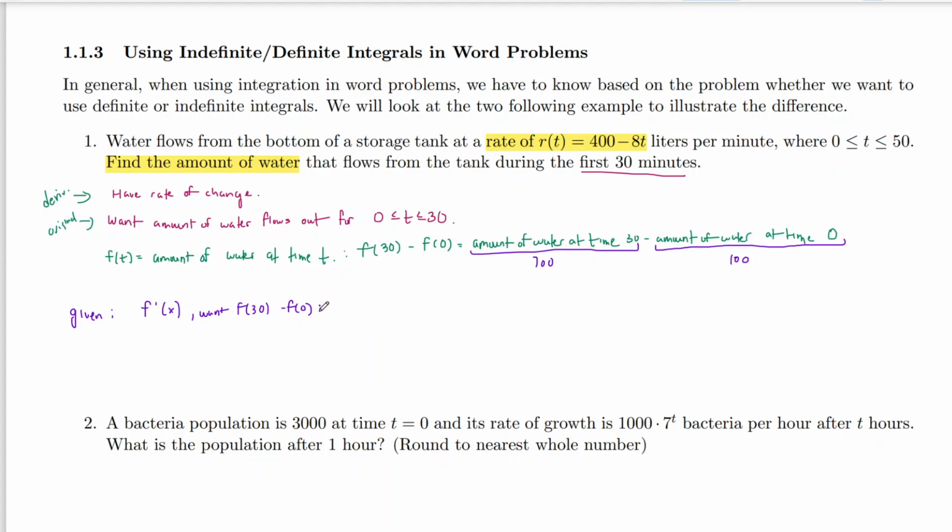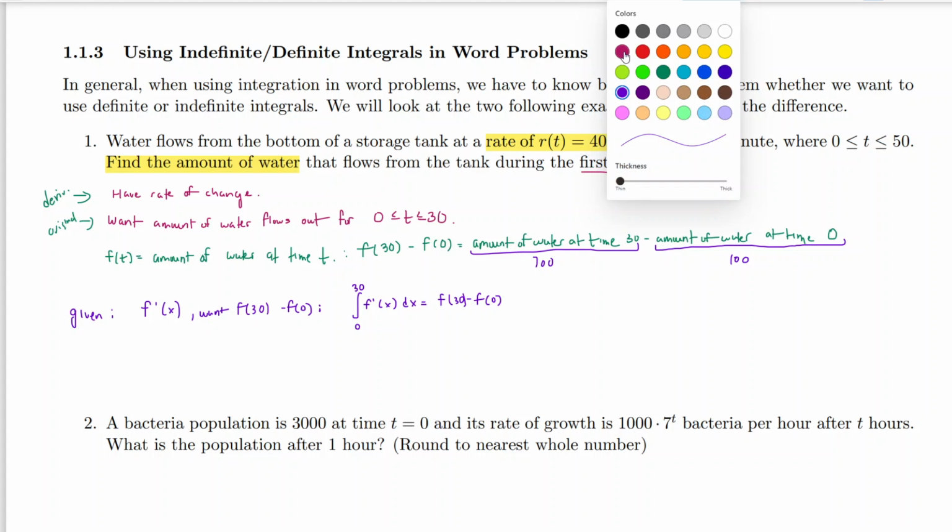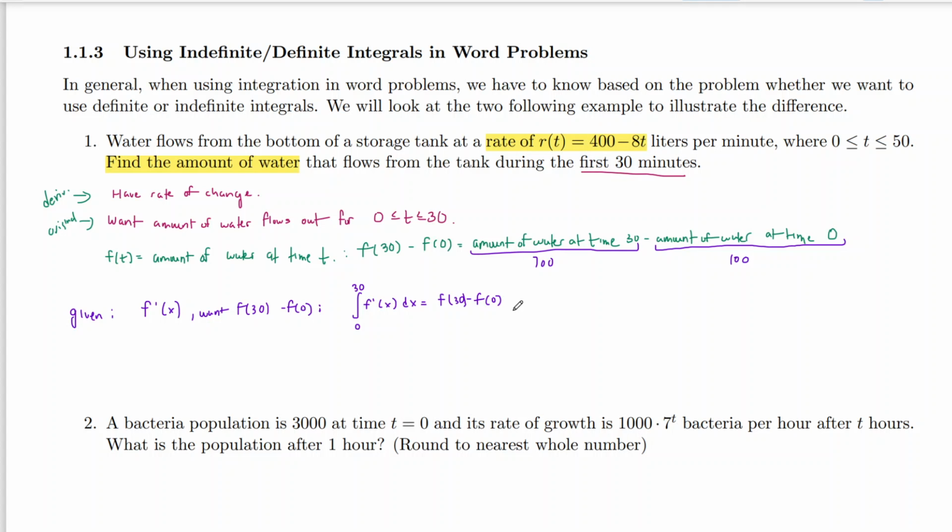Well, the fundamental theorem of calculus part 2 says that the integral from 0 to 30 of f prime of x dx equals f of 30 minus f of 0. So what we're going to do is use our derivative, which is this formula here, and integrate it from 0 to 30, and it's going to give us back exactly what we want. So if we just set up that definite integral for this one, it'll give us the problem's answer. That's exactly what we want.